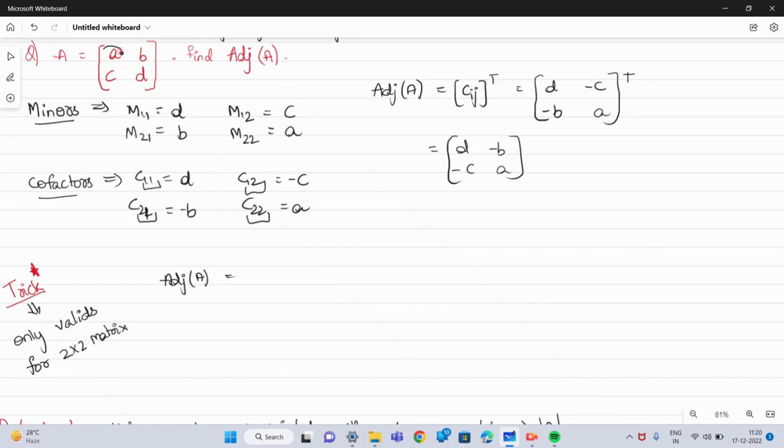Here we simply interchange the diagonal elements, so D comes here and A comes here, and take the negative of the non-diagonal elements, which is minus B and minus C. Hence we got the required adjoint of matrix A.